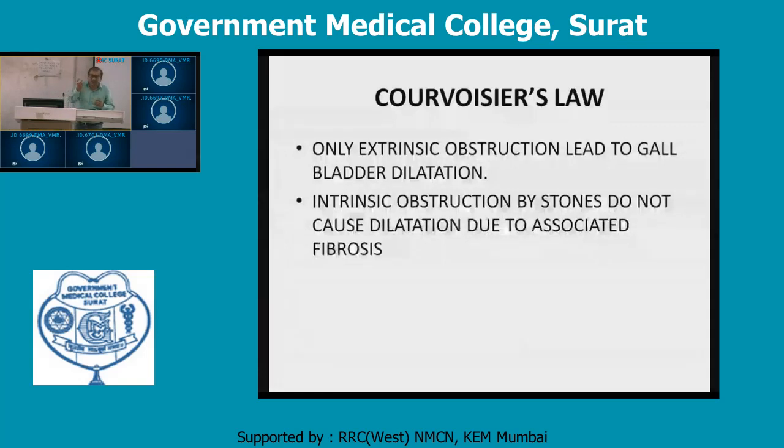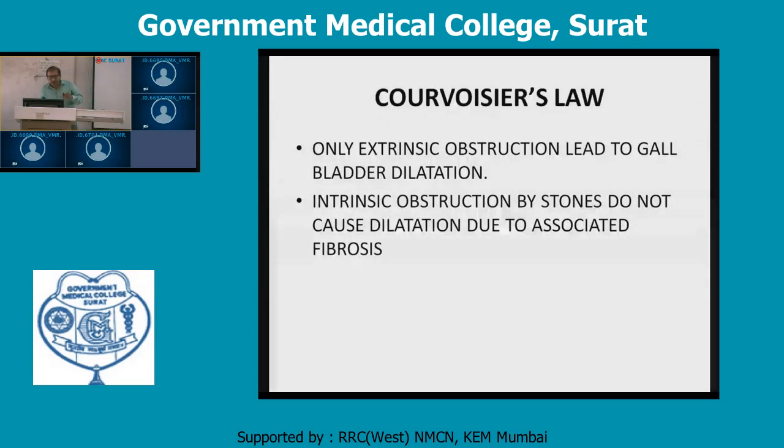We know that the distal, infraduodenal part of the CBD passes behind the pancreatic head. So if the pancreatic head has a malignancy, it can compress the CBD and lead to obstruction. So that is obstruction due to external pressure. In case of a gallstone, it is obstruction due to an internal pathology.